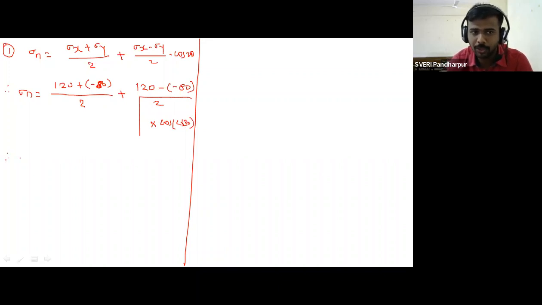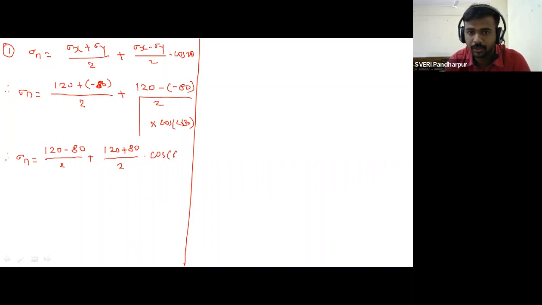So now one more step, we'll write sigma n is equal to, here plus is there, minus is there. So 120 minus 80 divided by 2, plus, minus, 120 plus 80 divided by 2 into cos 60.